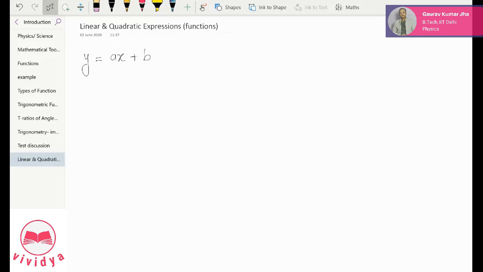All those things are applicable. Like if I put some value of x, I'll get the corresponding value of y. Is that clear? If I put x values randomly, I'll get some values of y. So what I want to discuss about this linear function is, they are very simple functions. How will the graph look if I draw x and y?